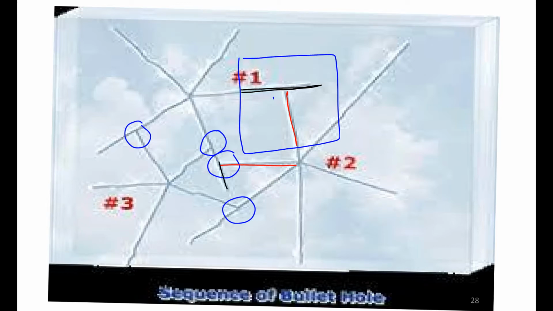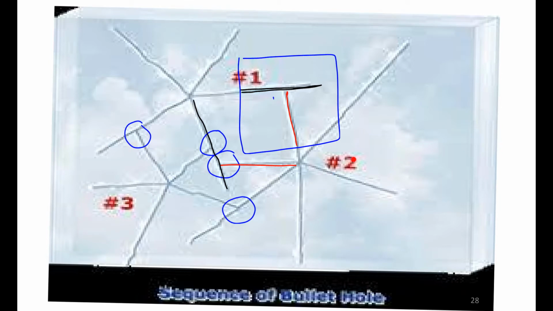Notice, again, my red line stops when it meets my black line. If I trace back my red, this is the original entrance point. If I trace back my black, this is the original entrance point. Again, this tells me that this bullet hole, or this shot, was fired before this shot. So this becomes shot 1, and this becomes shot 2.